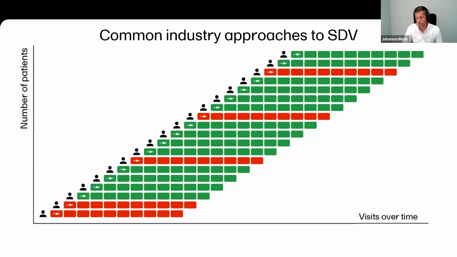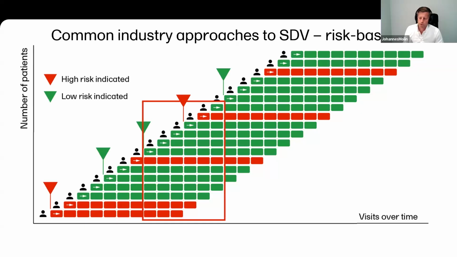But if I move on to my next image, you will see why this is not really responding to risk at all. So in this image, I've also added risk indicators. A red arrow means that the risk is high. A green arrow means that the risk is low. Whatever mode you use to detect site risk does not really matter here. It can be with the use of an external RBQM software that has very sophisticated tools and analyzes data in all possible directions to see if the site is high risk or low risk.